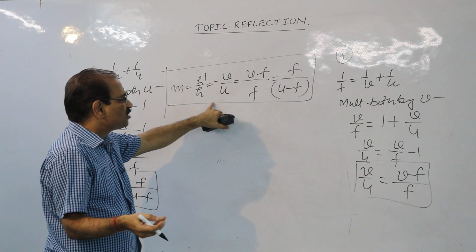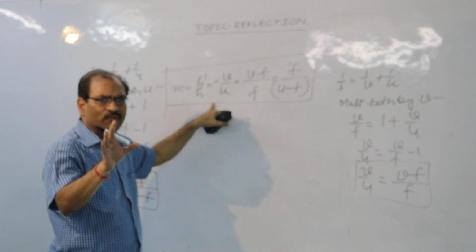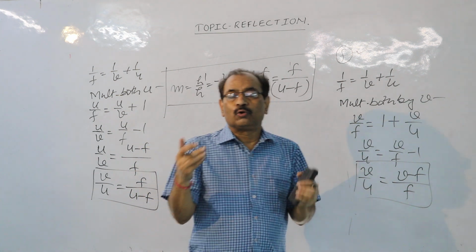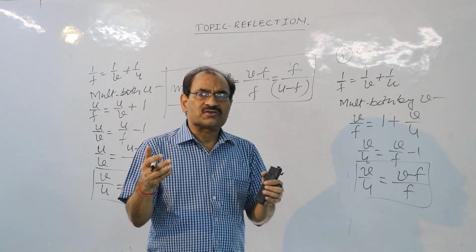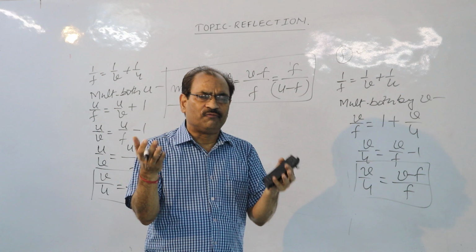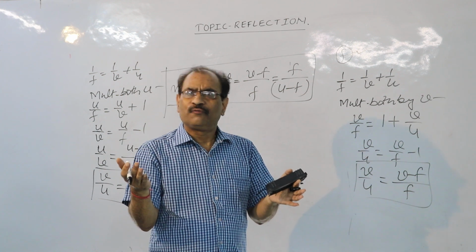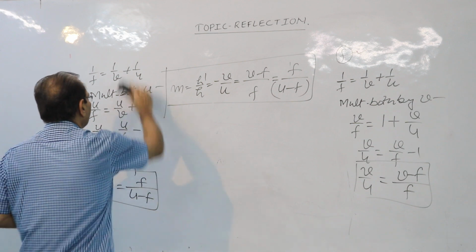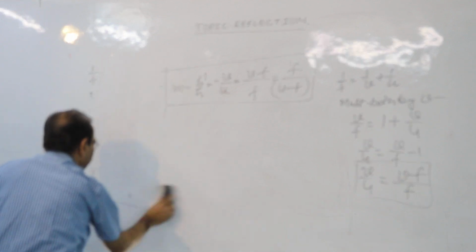Alright? So with this, the topic of reflection is over from my side. Now let us discuss some important questions which are important from the point of view of your board examinations. So I start with question number 1.